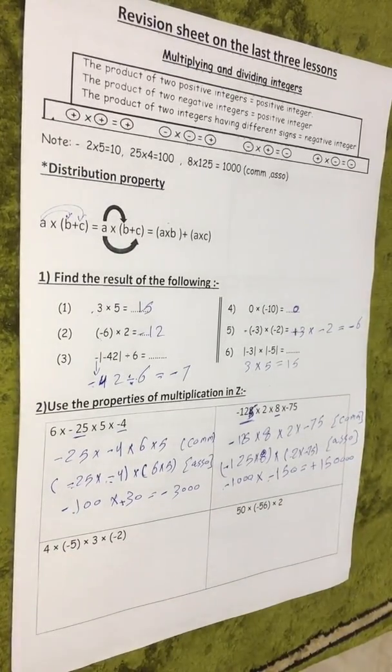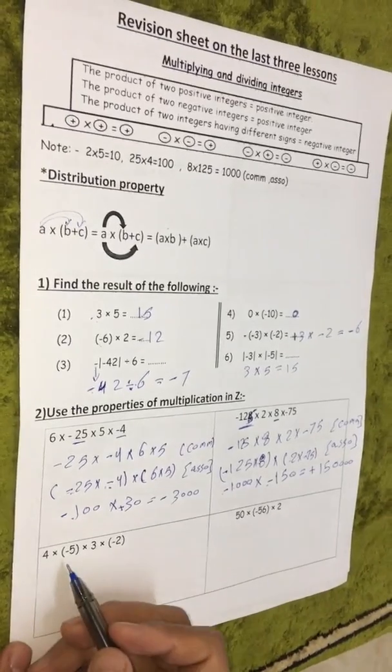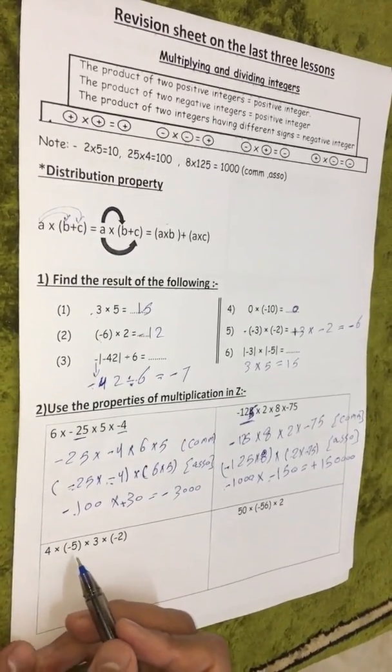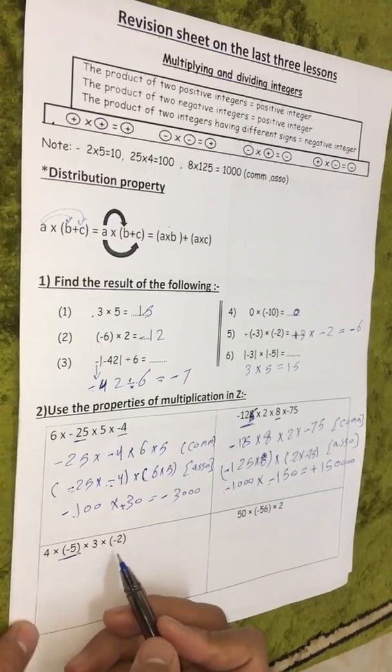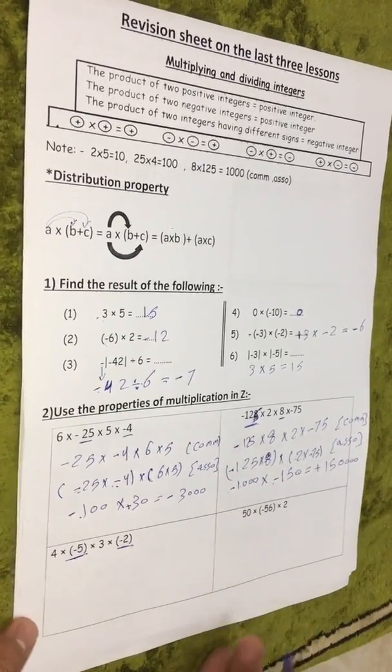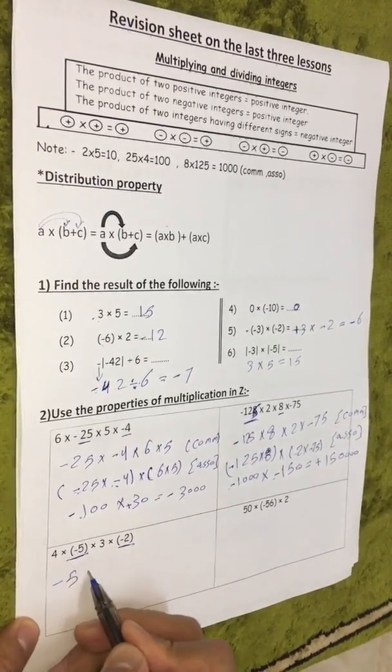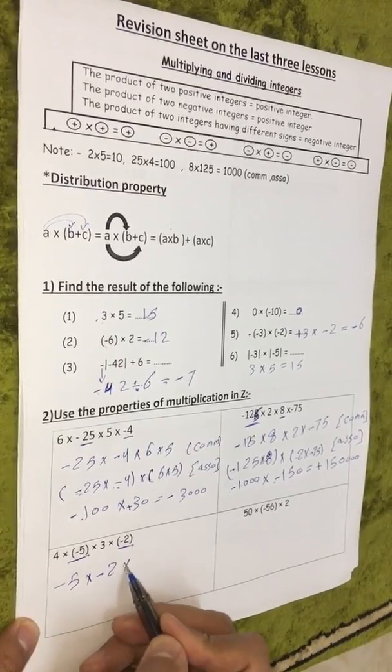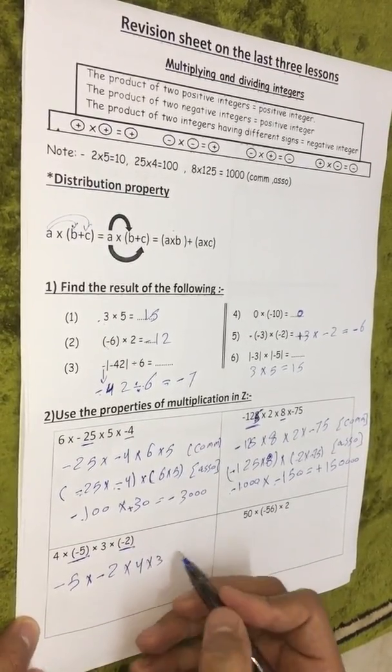Okay. Next question. Yes, we have 25, negative 5 and negative 2. You can use the commutative property here: negative 5 by negative 2 by 4 by 3. Use commutative.